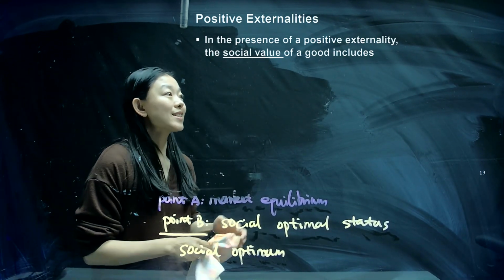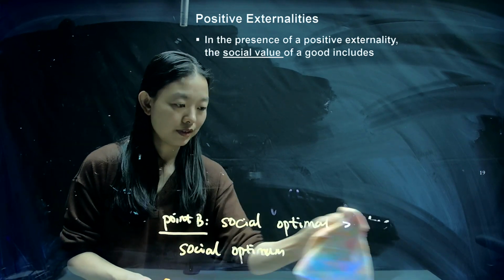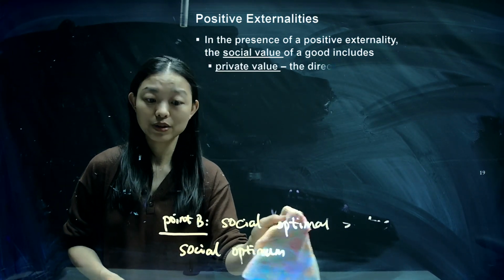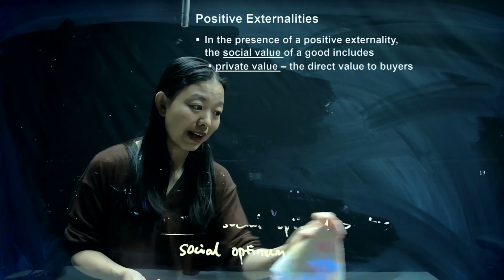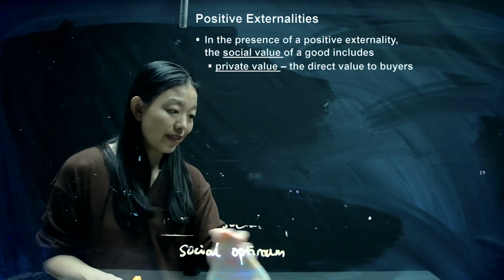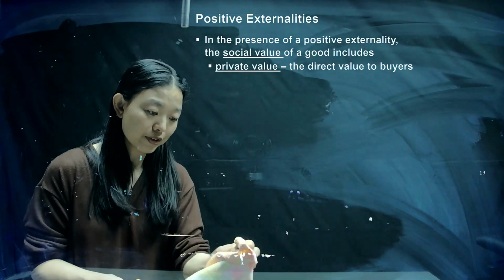For positive externalities, it will create social value. Social value includes two parts. The first is the private value, which is the direct value to buyers.